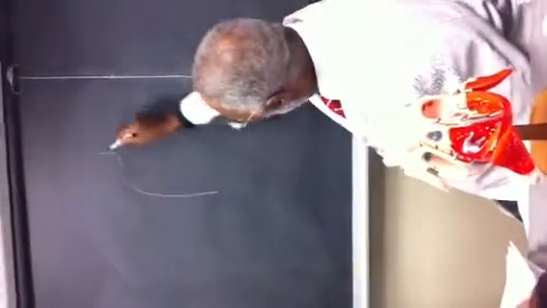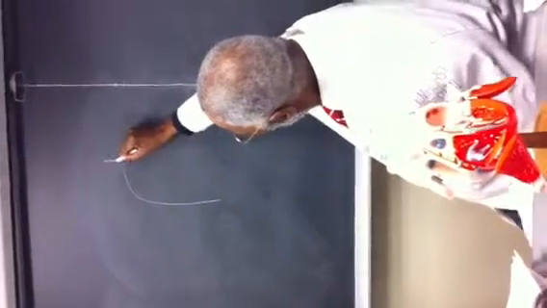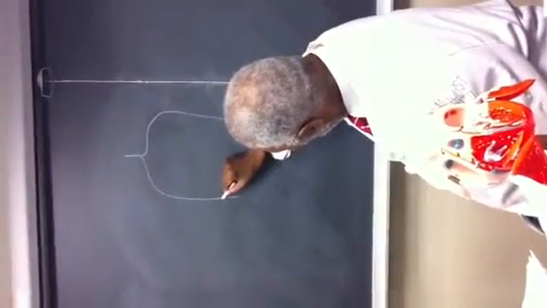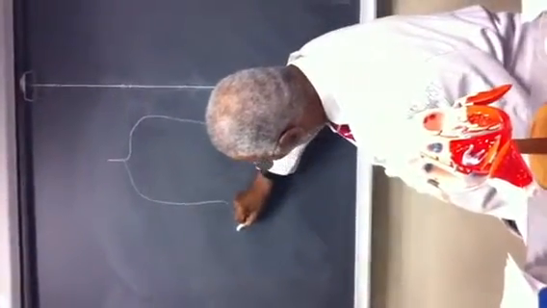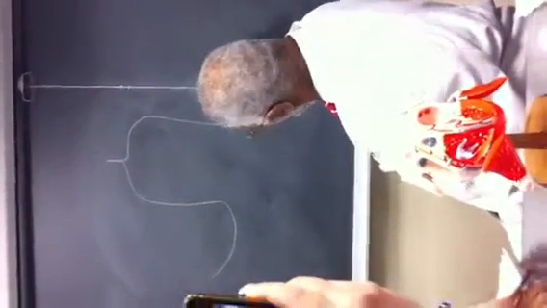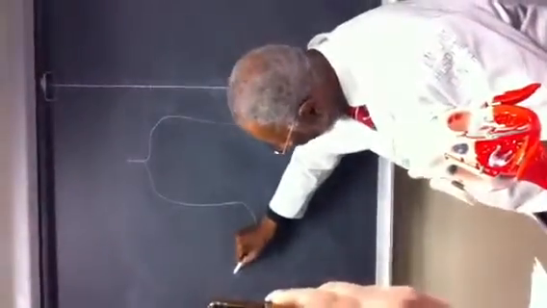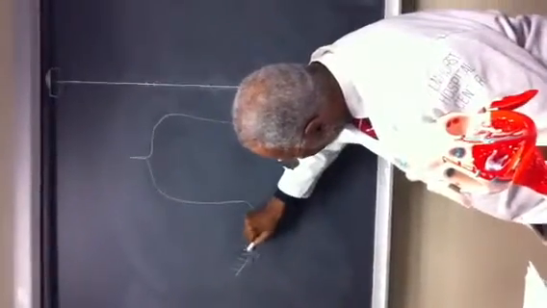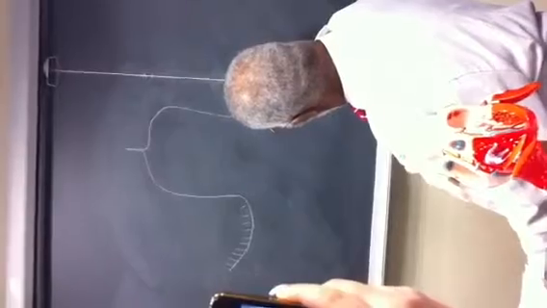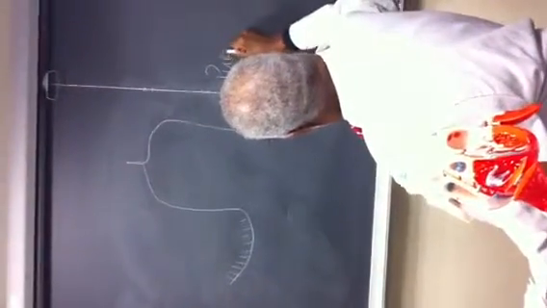The bundle of His has two bundle branches, right and left. And these bundle branches will then move into the wall of the ventricles, both right and left. And in the walls of the ventricles, you will see Purkinje fibers. These are the Purkinje fibers.